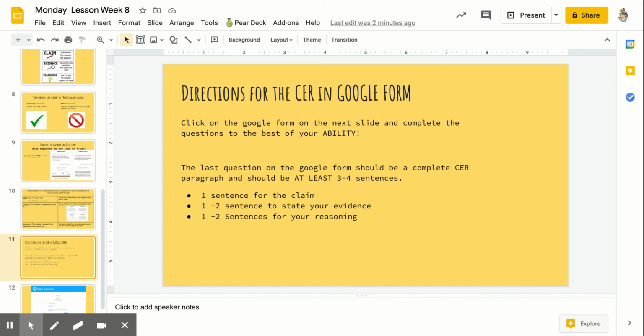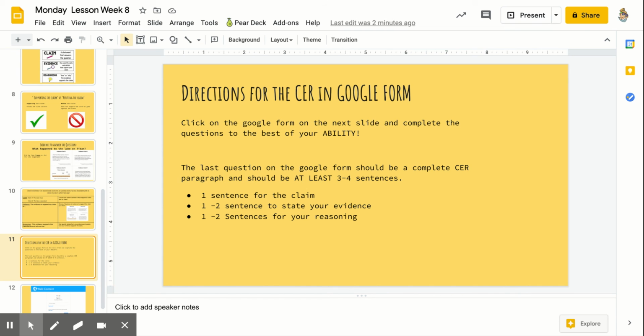Then you'll come down here and I want you to briefly explain how the evidence you chose supports your claim. Use the word bank to help you. You can also use the sentence starter: Evidence card A or B or C supports the claim I chose because it tells us blank, which means the lake blank, evaporated or froze, depending on what you chose. Then you're going to put it all together.